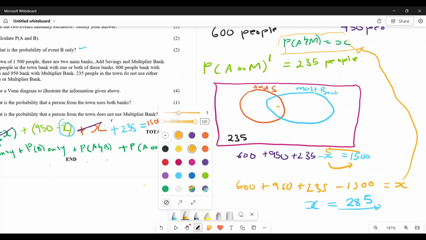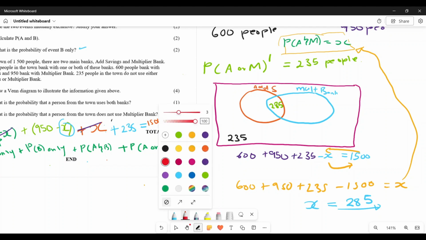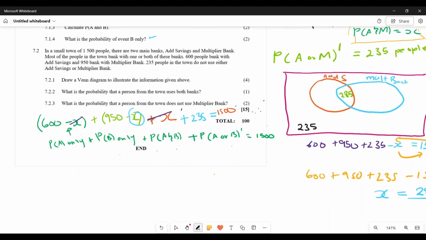And as I've said, that value we need to put there in the middle. So let me just erase here. So here it's 285. Now, let me calculate the number of people banking with Edge Savings only. As I've said here, it will be 600 minus my x, which is 285. So 600 minus 285, 315 people bank with Edge Savings only.